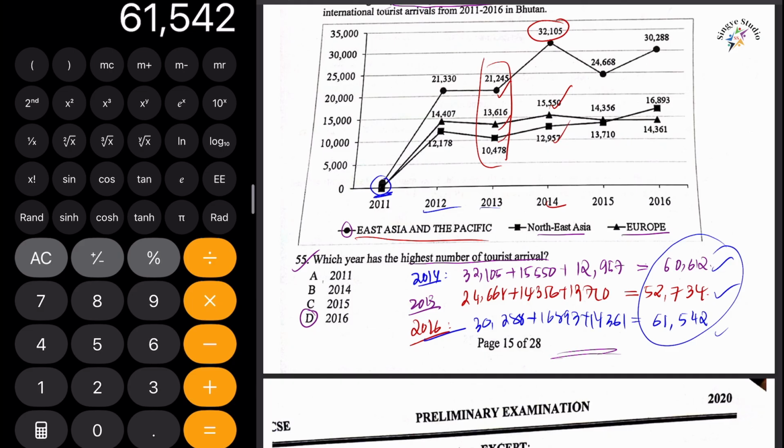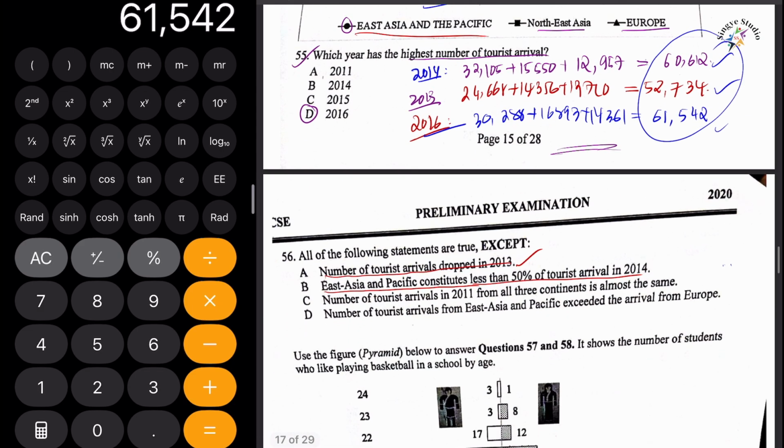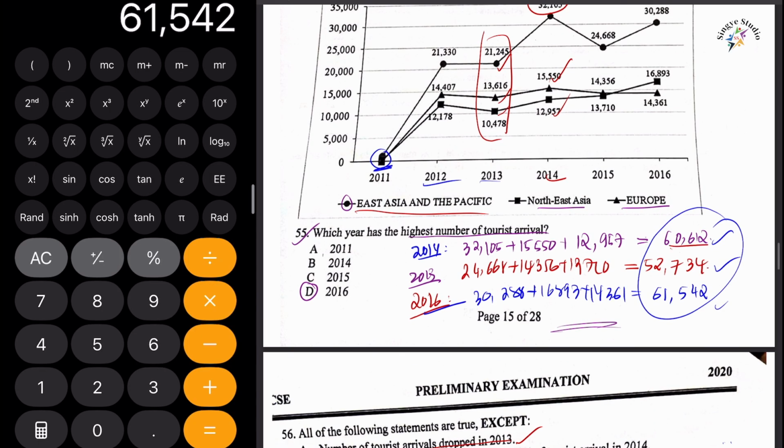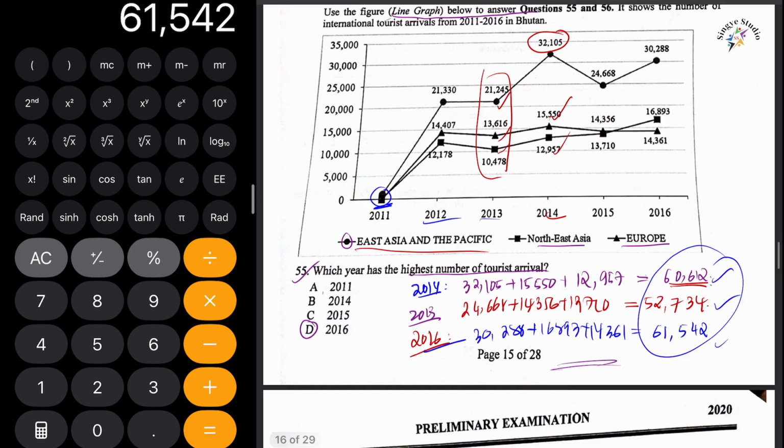To calculate the percentage, first you need the total number of tourists in 2014. In 2014 we have 60,612 tourists, and 32,105 of them arrived from East Asia and Pacific.